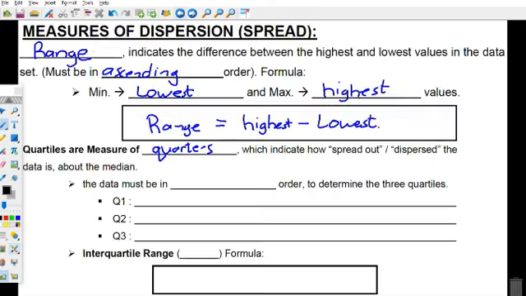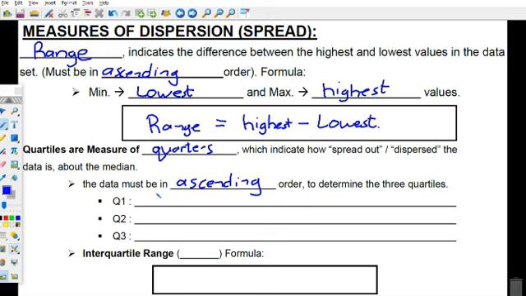So when we have my data, it must be in what order? Ascending order, to determine the 3 quartiles. So what is Q2?